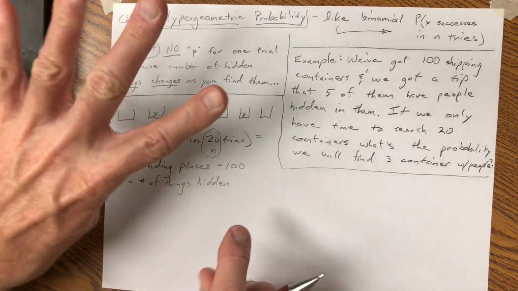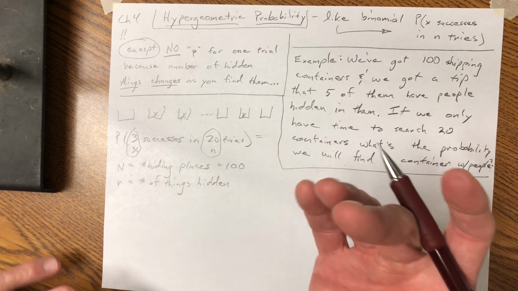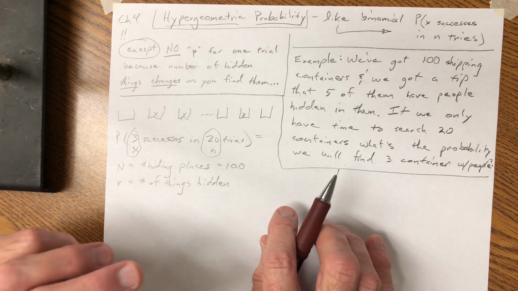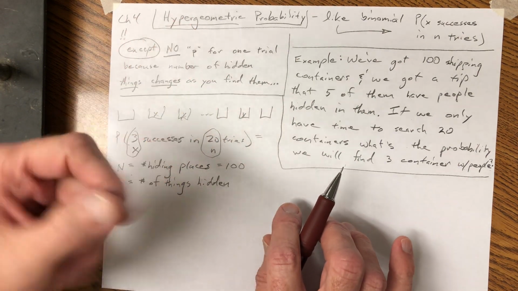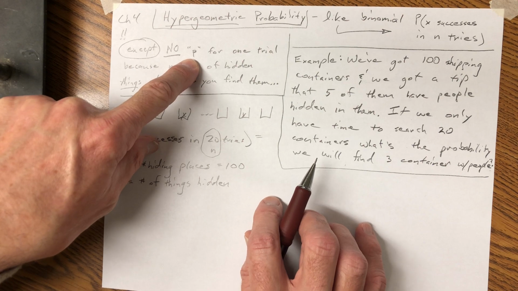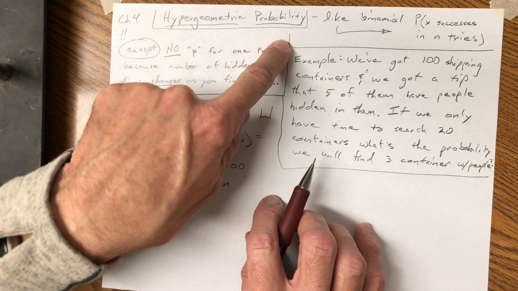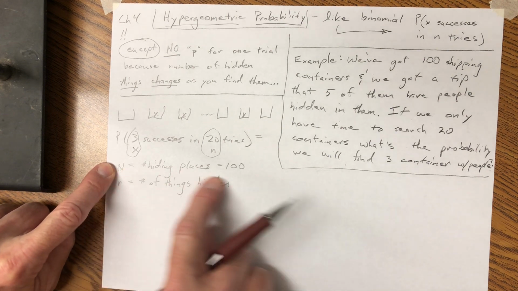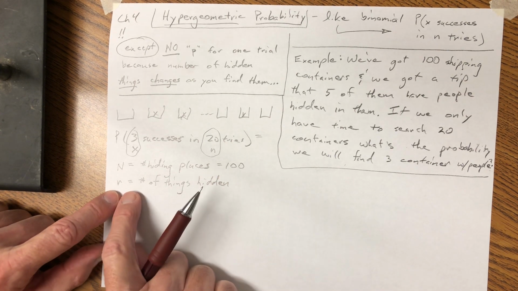So we have 4 variables here, which makes this a little bit more of a difficult probability problem. In binomial probability, there are 3 numbers you need to know: little n, little x, and p, the probability of success on one trial. In hypergeometric, there are 4 numbers you need to know. Capital N, the number of hiding places.